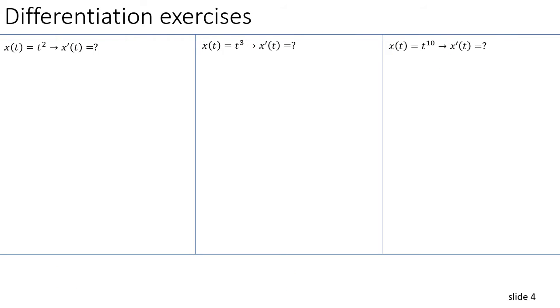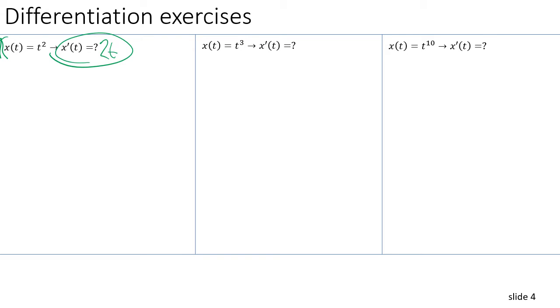Now, things get a bit different in this problem. What is the derivative of x(t) equals t squared? Well, surprisingly, it isn't 1 or anything like that. The derivative is 2 times t.